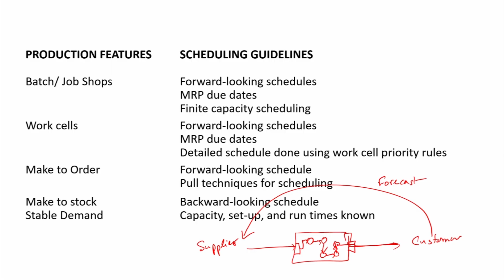We also call this a push system, and these others are more like a pull system, which are forward looking. We see the customer, we see the orders from him, we see the due dates from him, and based on that we do the planning of our previous workstations. So, depending upon the situation, we can adopt forward looking schedules or backward looking schedules.